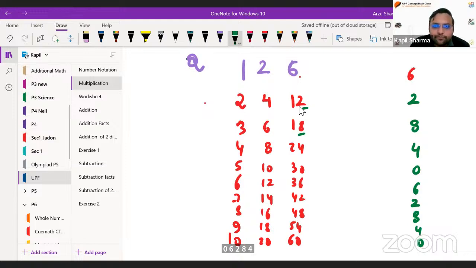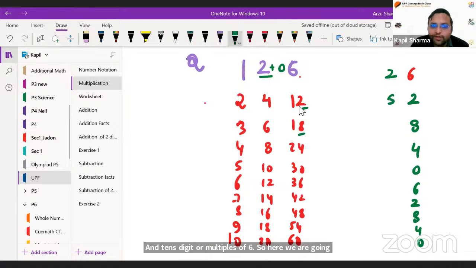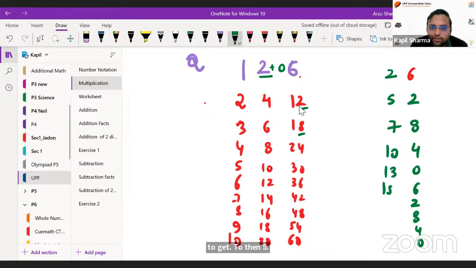Okay, then we're going to add multiples of 2 and tens digit of multiples of 6. So here we are going to get 2, then 5, then 7, then 10, 13, 15, 18, 20, 23, 26. Okay.